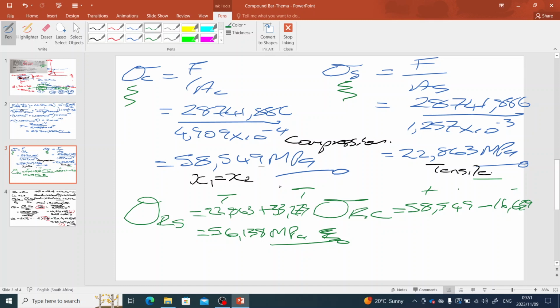Then we get 58,549 minus 16,639, and my resultant stress here is 41.91 megapascal. This is how you determine the resultant stresses.